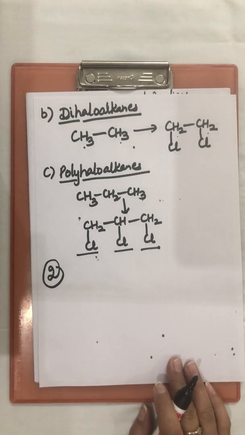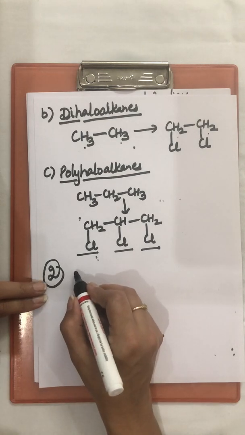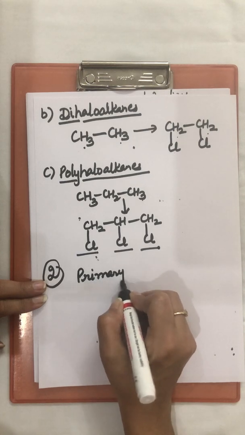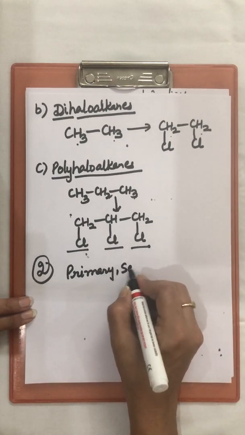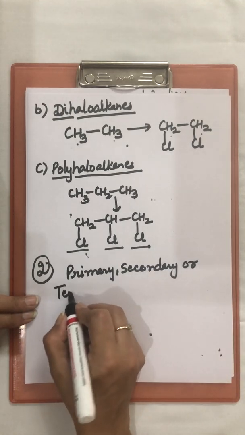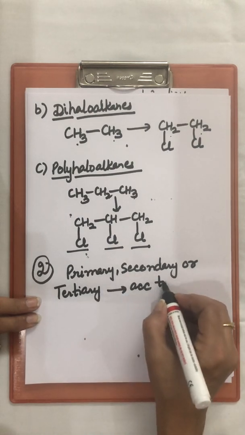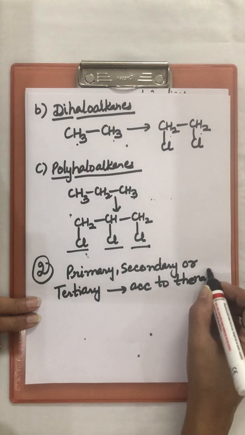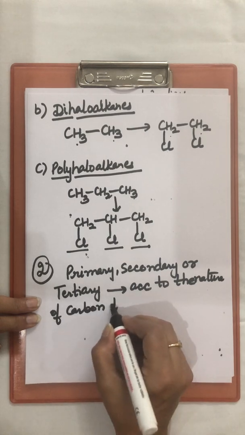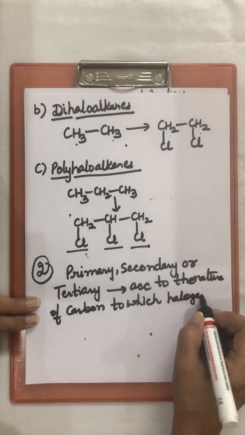Second type of classification now. The first classification was based on the number of halogen atoms. Now second, haloalkanes are also classified as primary, secondary or tertiary according to the nature of carbon to which halogen is attached.